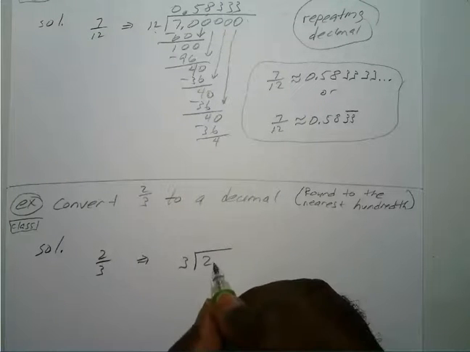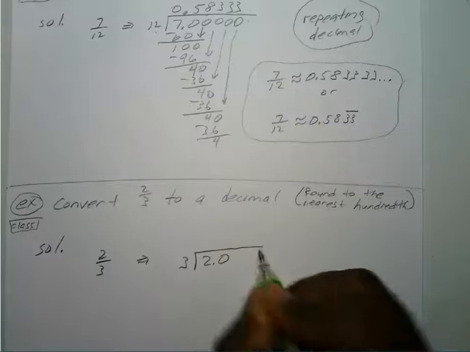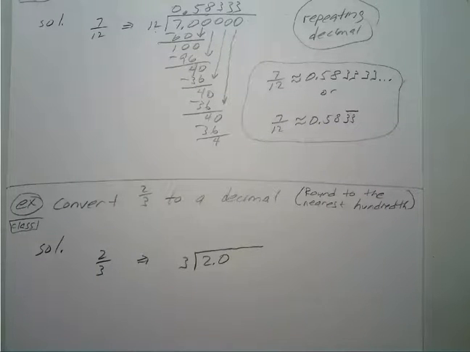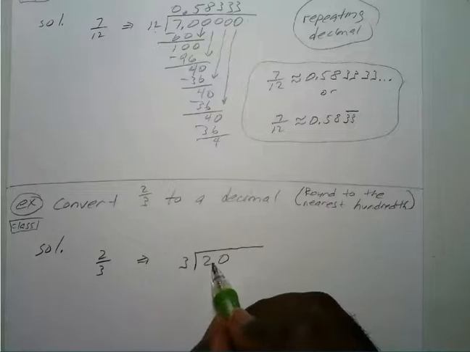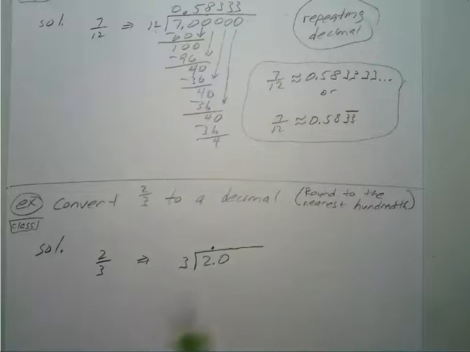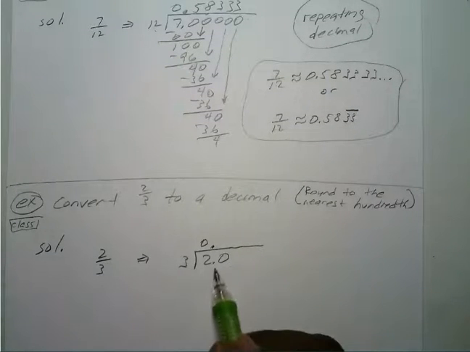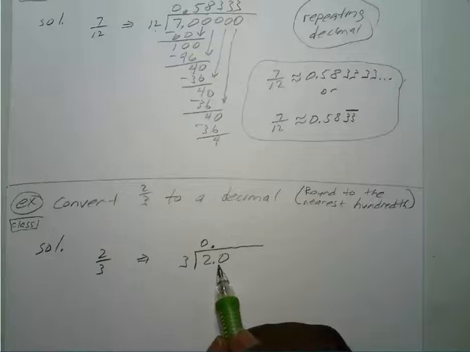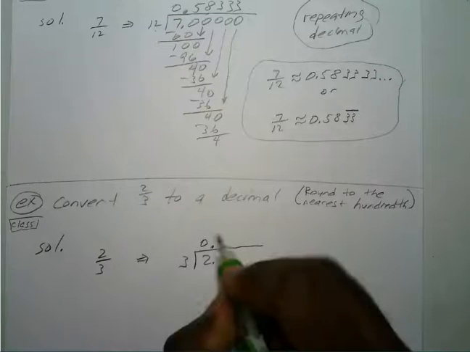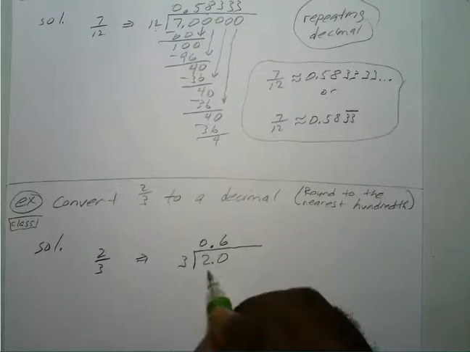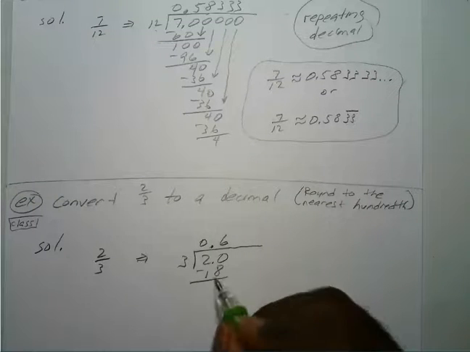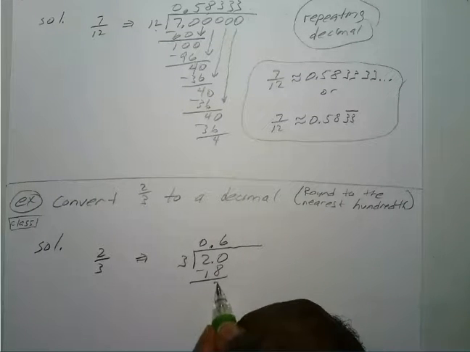And that 2, we're going to make that 2.0. So 3 goes into, oh, remember our decimal point goes up. 3 goes into 2, it doesn't, so we put a 0 there. 3 goes into 20 6 times. 3 times 6 is 18. 20 minus 18 is 2.